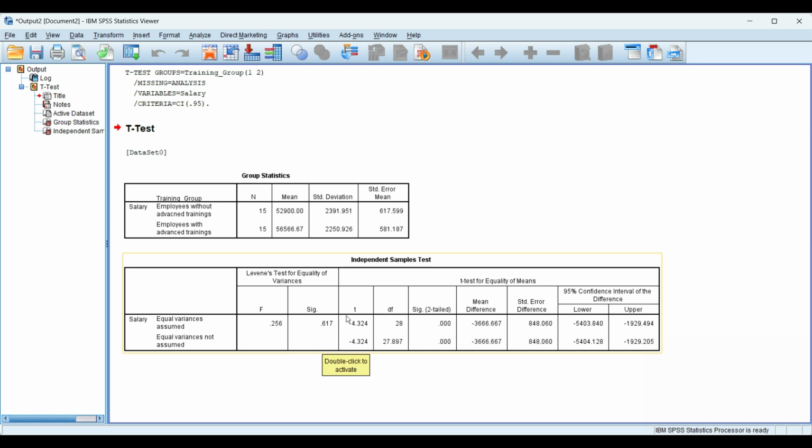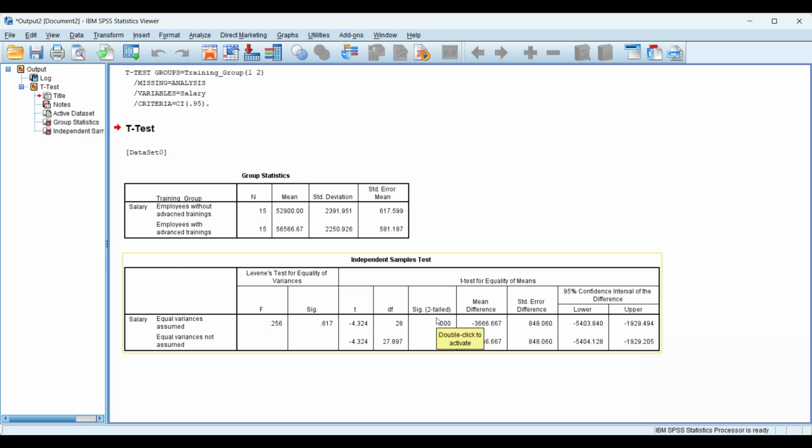Okay. For example, if the Levene significance value were below 0.05, we would interpret the equal variances not assumed row instead. Now see the independent sample t-test results here. We can see the t value is minus 4.324, which is less than minus 1.96 at the 5% significance level.